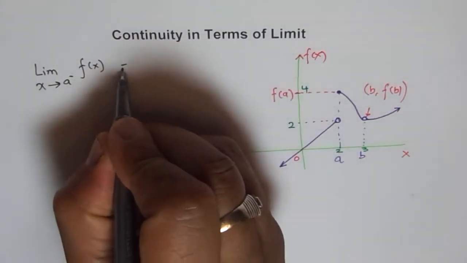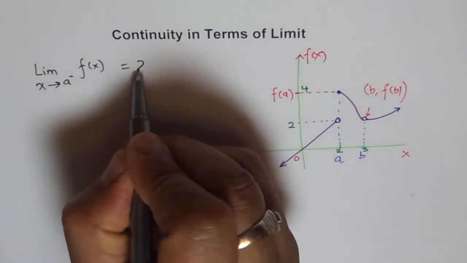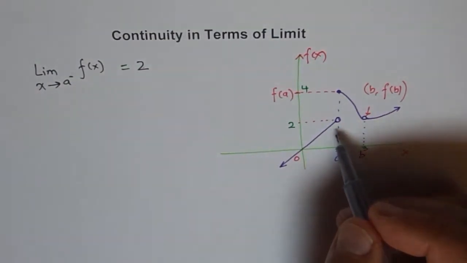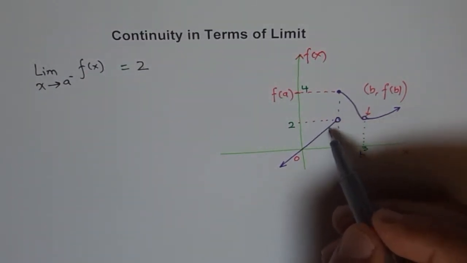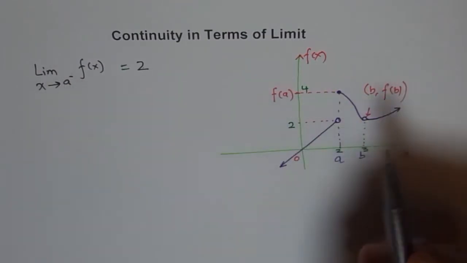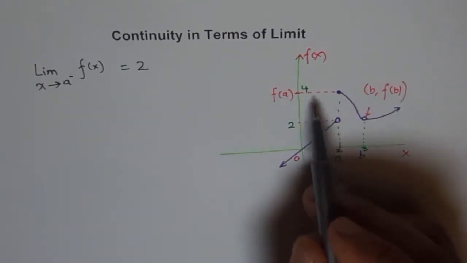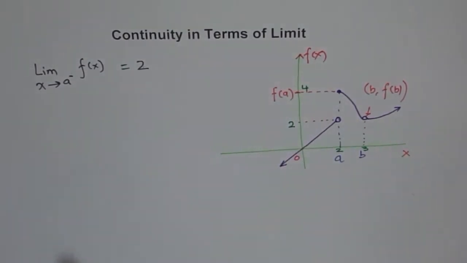Limit is not the value at that point. Limit is the value which you approach, right? So as you come closer and closer to a from the left hand side, this minus side, you approach f of x as 2. So that is the value, right?